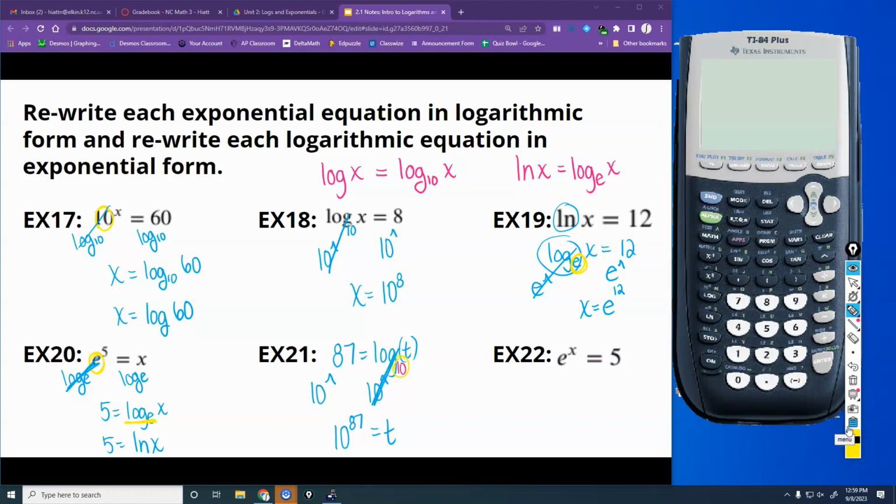Alright, let's see. Silas, what is the base for number 22? Very good. How are we going to get rid of that base for that exponential? It's already an exponential. So to get rid of an exponential, we use a log.